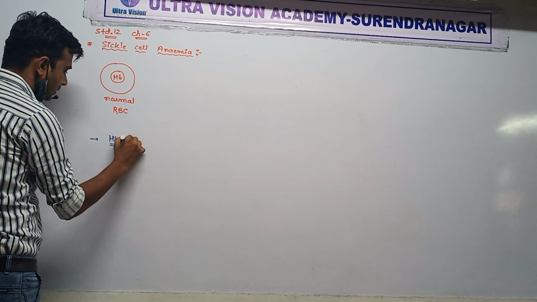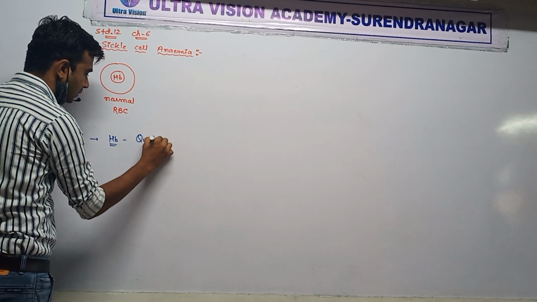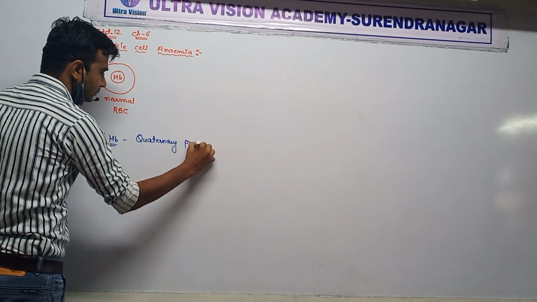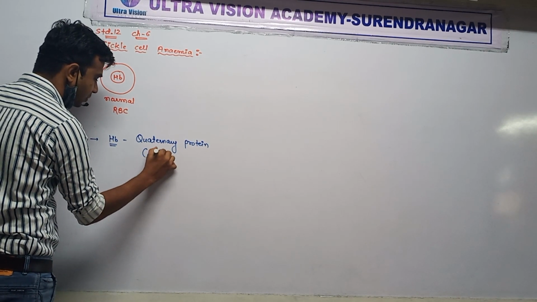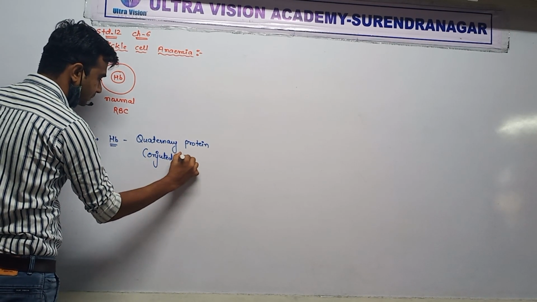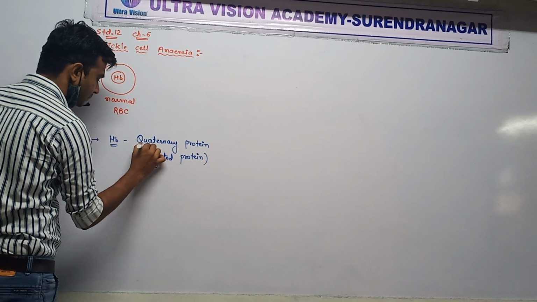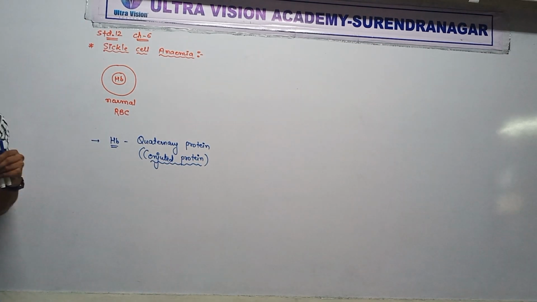Hemoglobin is quaternary protein, or you say that it is conjugated protein. Hemoglobin is quaternary protein or conjugated protein.